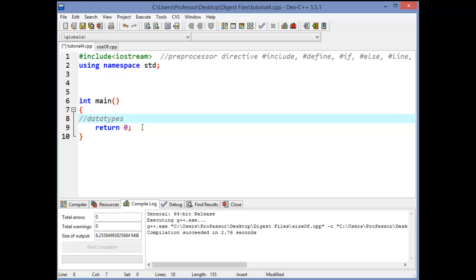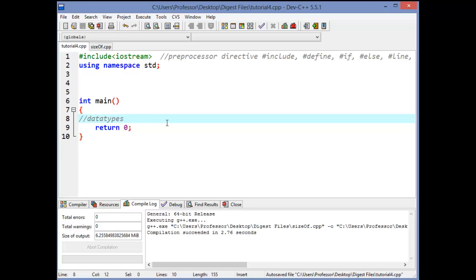Now, a data type is a set of values with a set of operations. Now, C++ data types can be grouped under three categories.